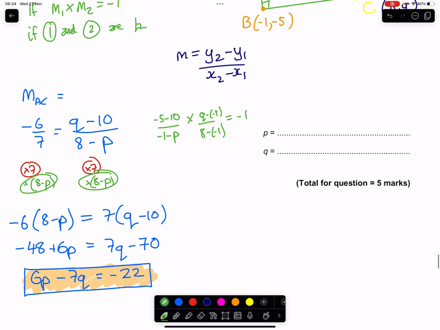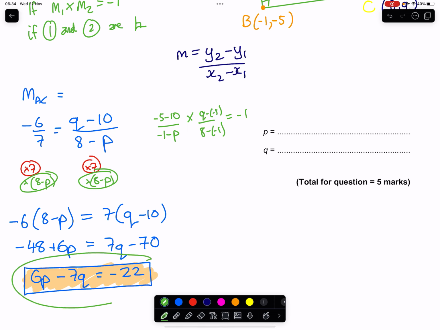I'm going to tidy that up a bit. So we have a minus 15 over minus 1 minus P times Q plus 5, because of the double negative. And the double negative here will make the bottom a 9, equals minus 1.